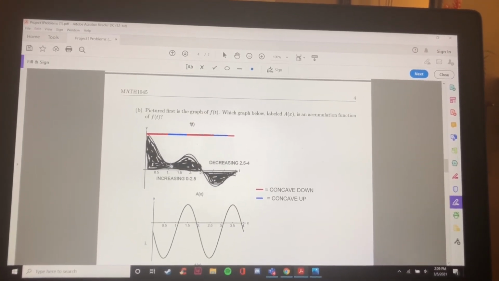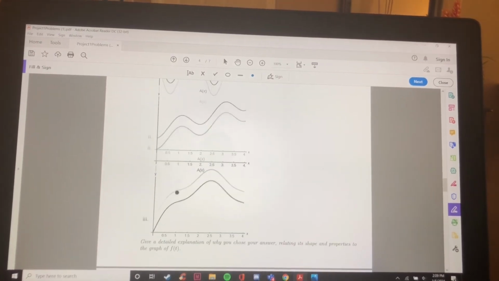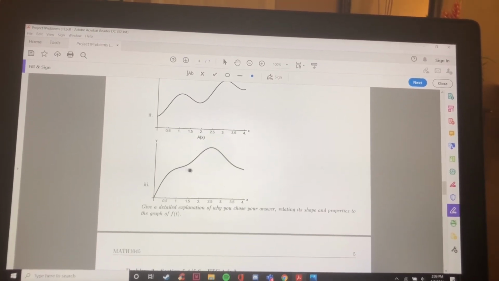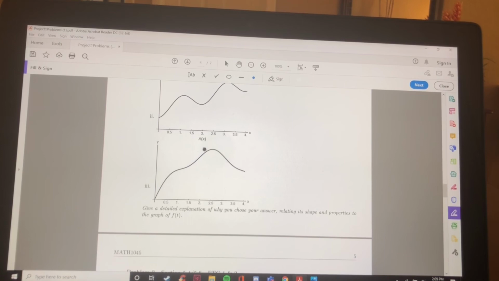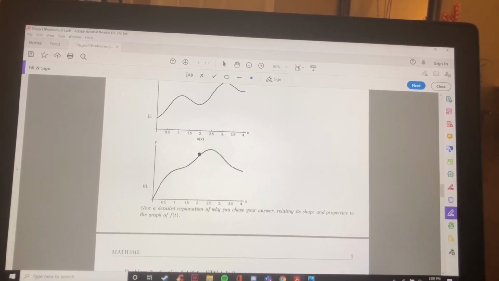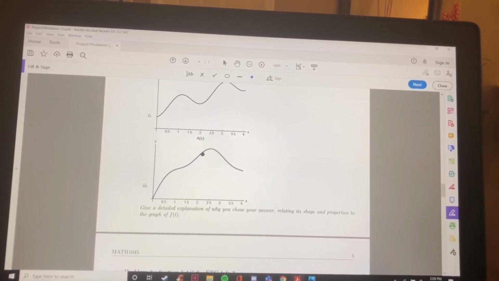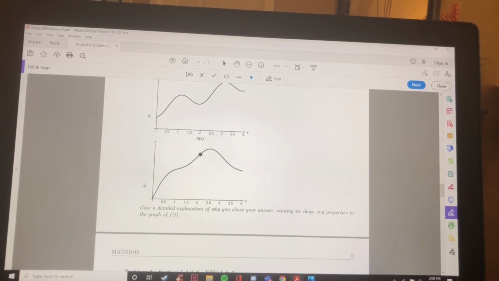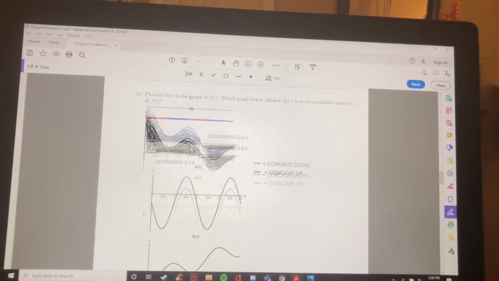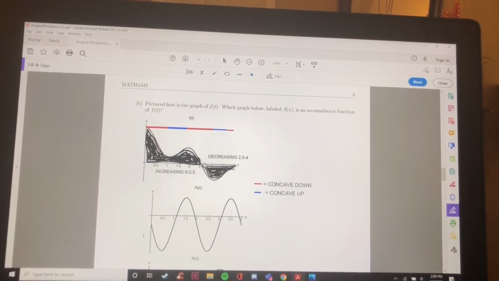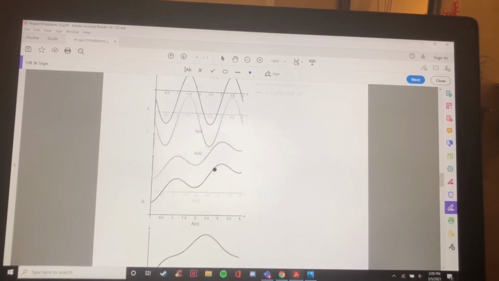Is it concave up from 1 to 2? From 1 to 2, yeah, it looks like a regular upright bowl. And then it has an inflection point right here. And then it'll be concave down from 2 to 3 about.